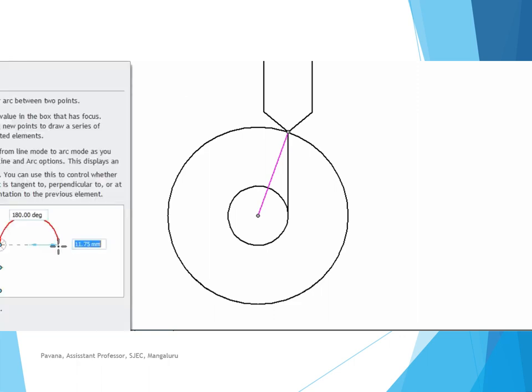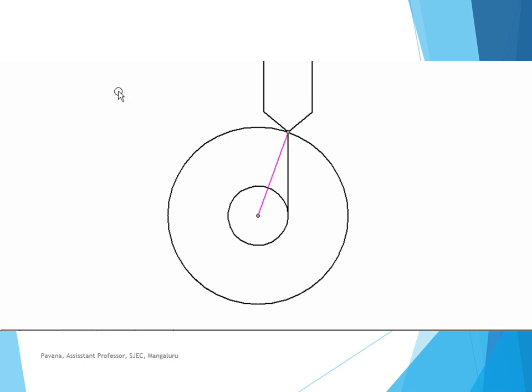Whatever direction is given in the question, we have to move in the opposite direction to divide the circle into different angles. The problem gives clockwise, so we have to move in anti-clockwise direction to divide the angles. First angle is 120 degrees.